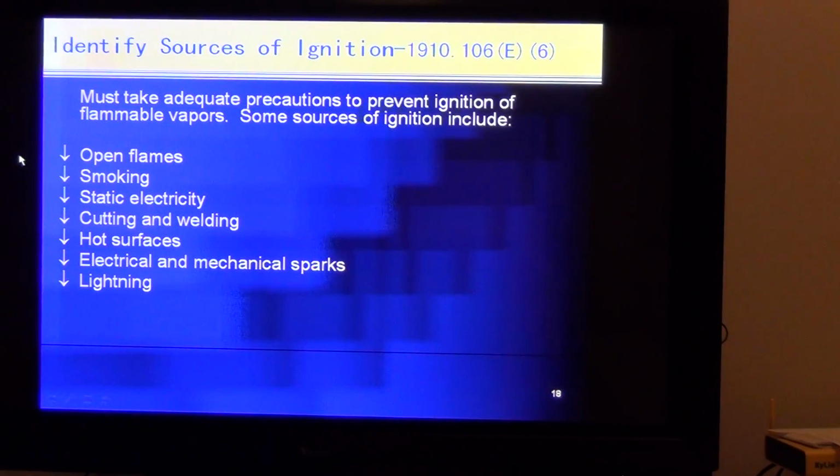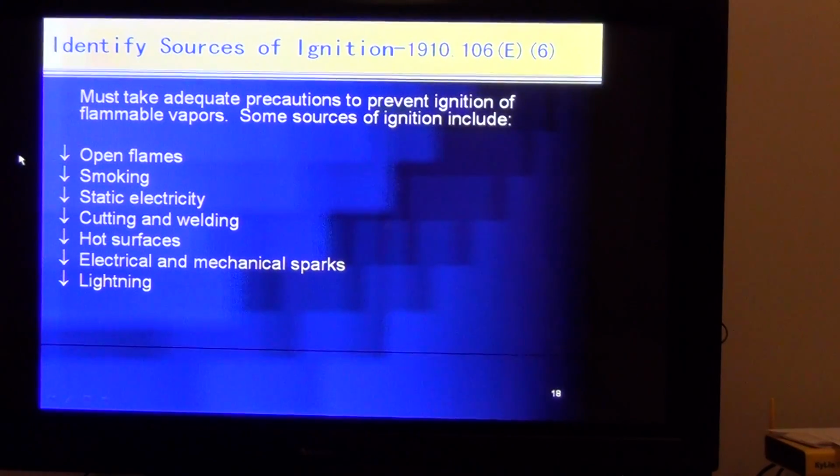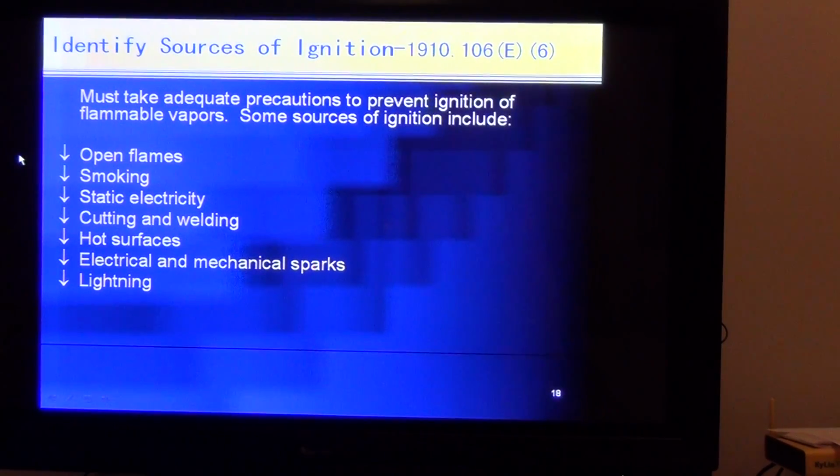Some sources of ignition include, but are not limited to, open flames, smoking, static electricity, cutting and welding, hot surfaces, electrical and mechanical sparks, lightning, and so on.